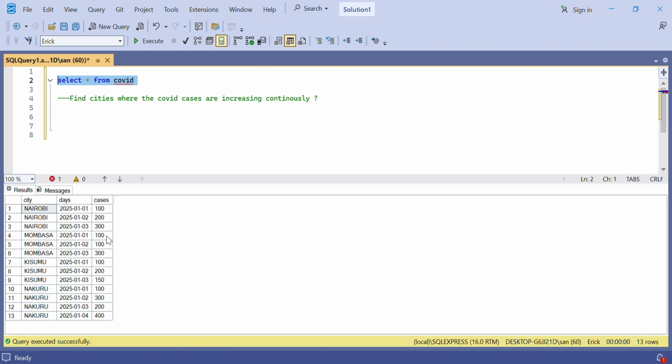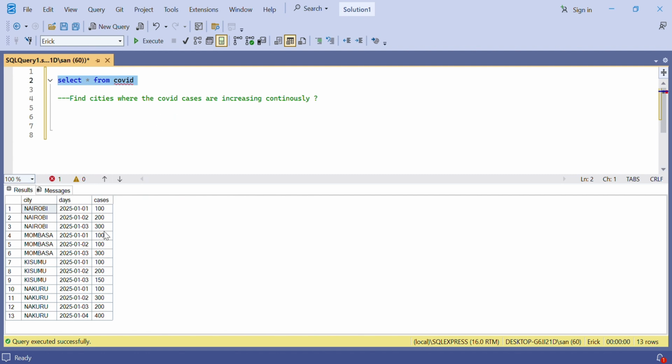Then you have Mombasa, for example. On day 1 there were 100 cases, and on day 2 there were 100 cases. That means the cases were not increasing, so it's not part of our answer.